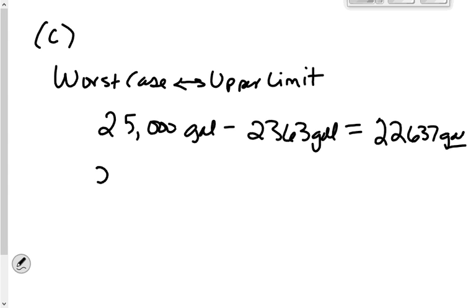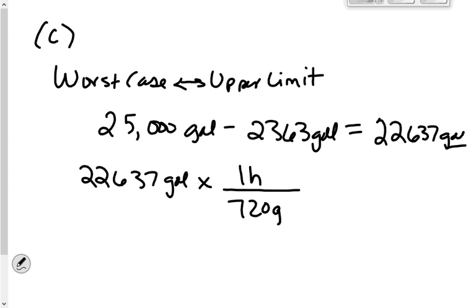So if I've got 22,637 gallons, and I know that every hour I'm going to leak 720 gallons, we can do a little dimensional analysis, or however you want to call it. And when we do that math, that's where we get the 31.44 hours.